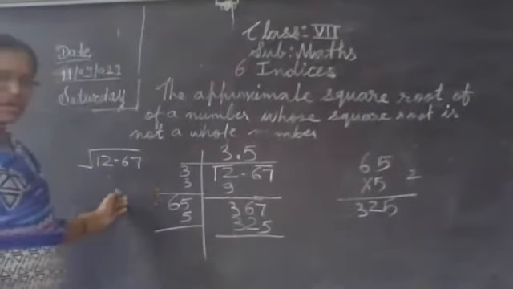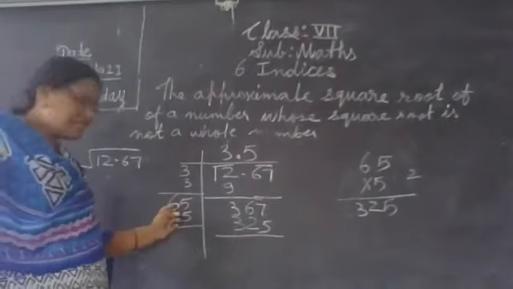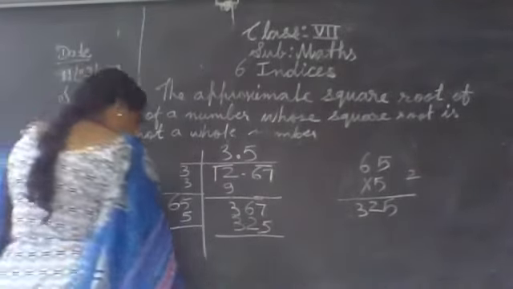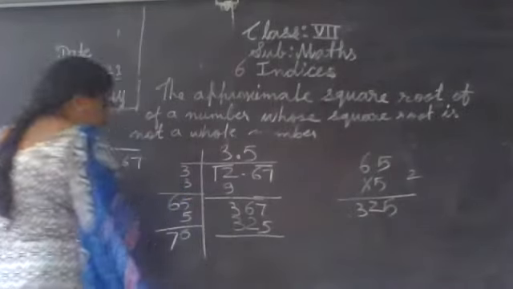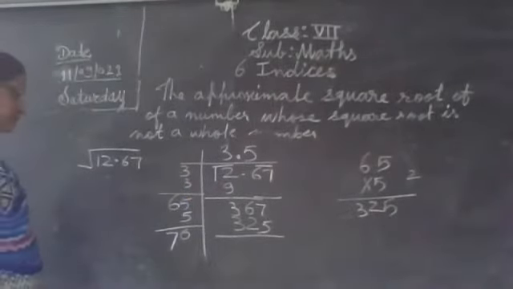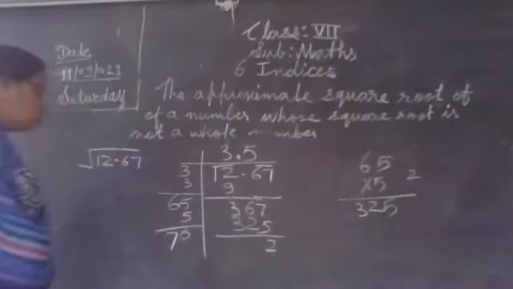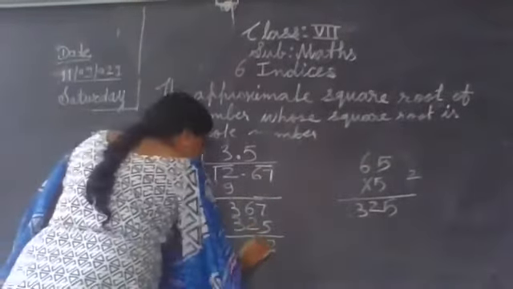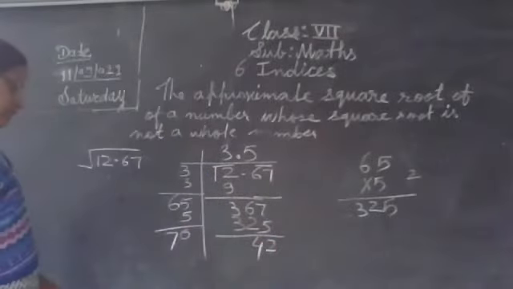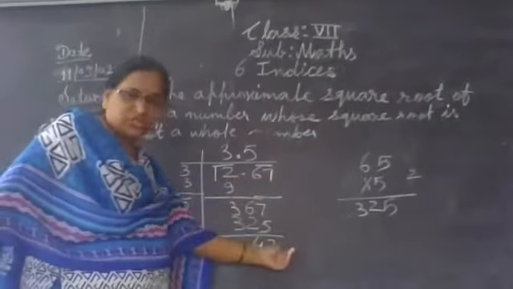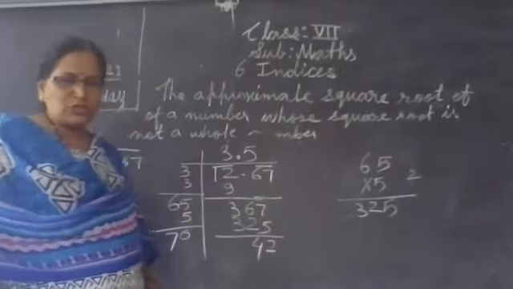So on the left side you have to write the number beside the 6 and add the same number. Here it becomes 72. 7 minus 5, 6 minus 4. Okay, so you can take here one pair of zeros, means it becomes 4200.